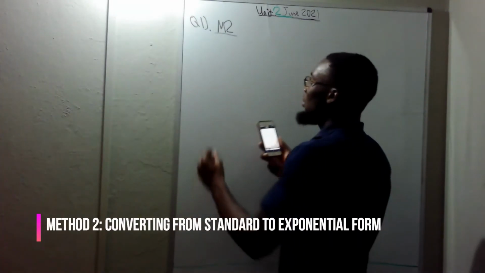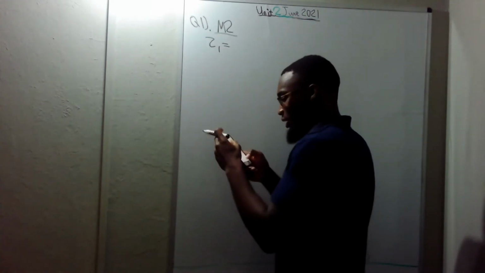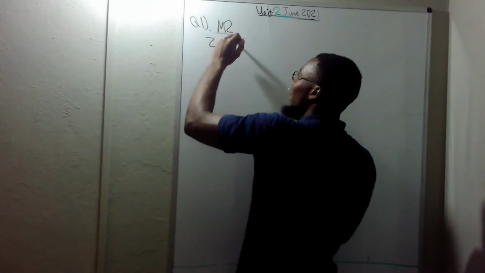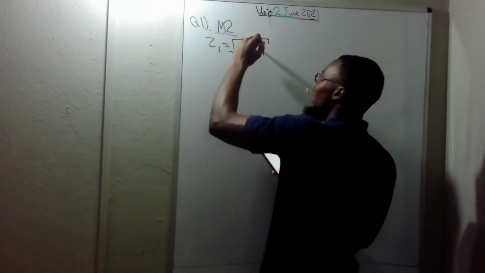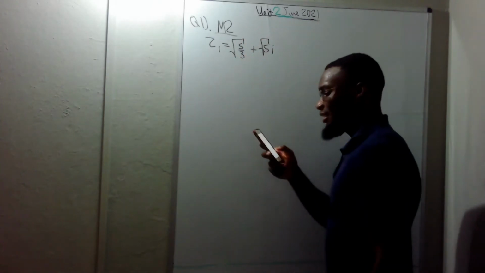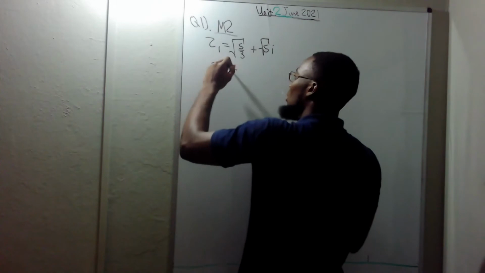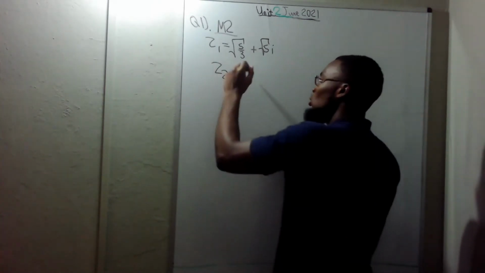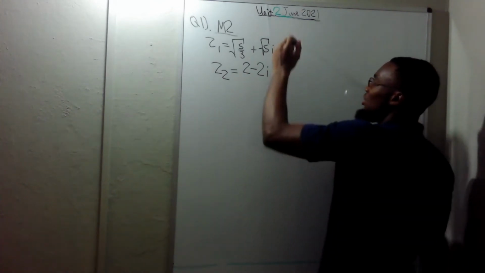Alright, so method 2, just to write it back, remember z1 was given by the square root of 5 over 3 plus the square root of 5i, that's z1, and z2 was given by 2 minus 2i. I'll need to find z1 over z2.